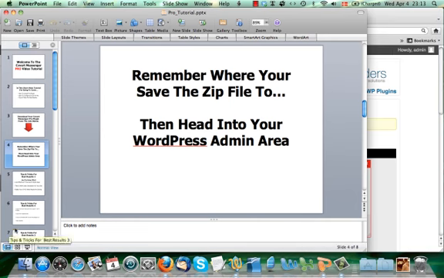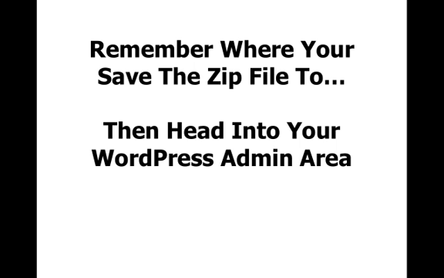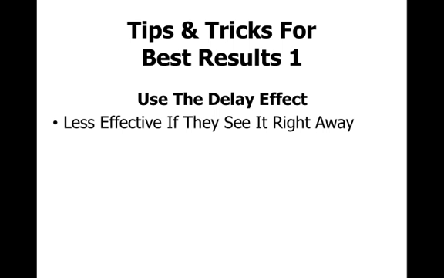So if we head back to WordPress here and just talk about some tips and tricks for getting the best results out of using the Covert Messenger Pro plugin. And first thing I want to say is use the delay effect I just showed you. First thing is, we found that it's less effective if they see the Covert Messenger ad right away.